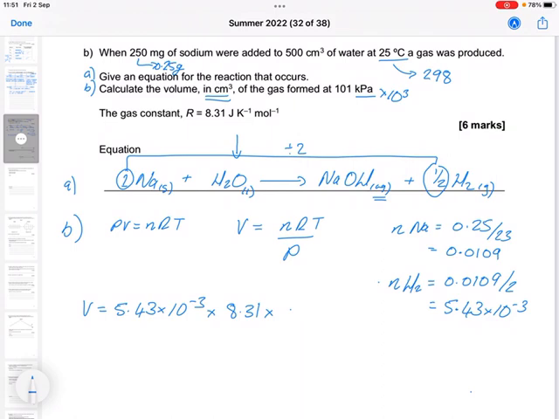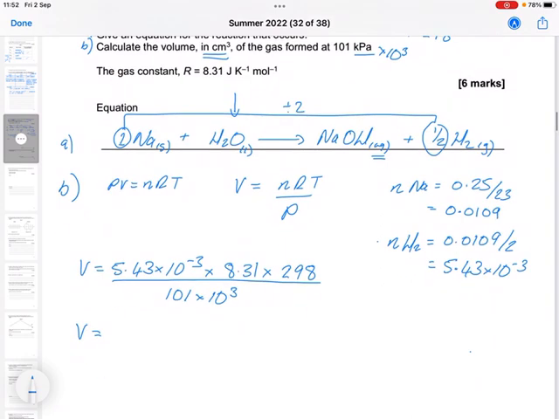So temperature then, 298, divided by the pressure, 101, times 10 to the 3. If I plug that into my calculator, that gives me a volume of 1.33 times 10 to the minus 4.